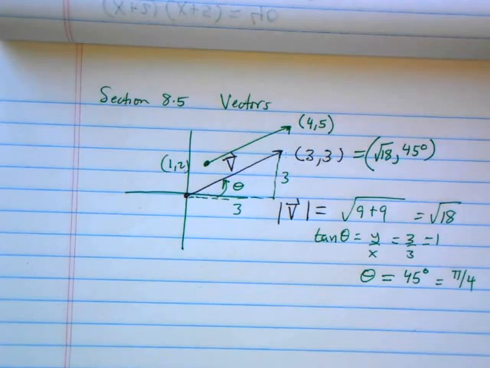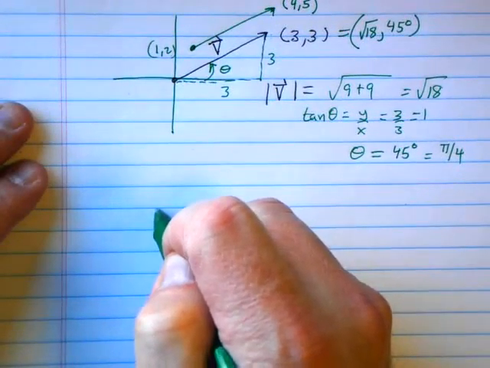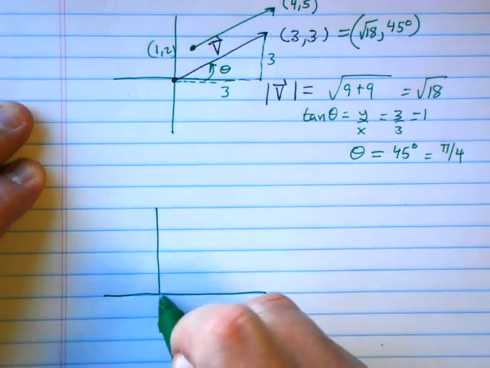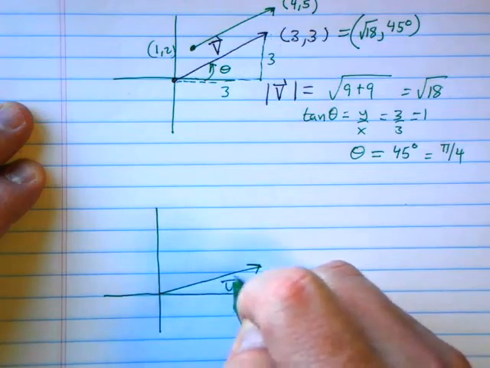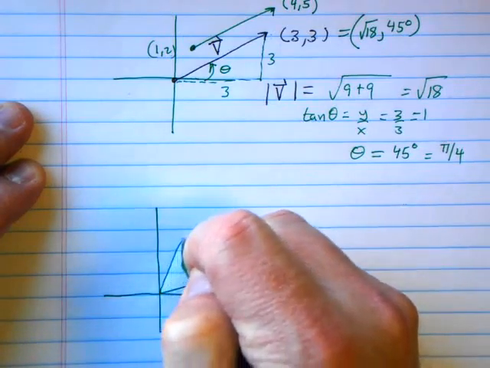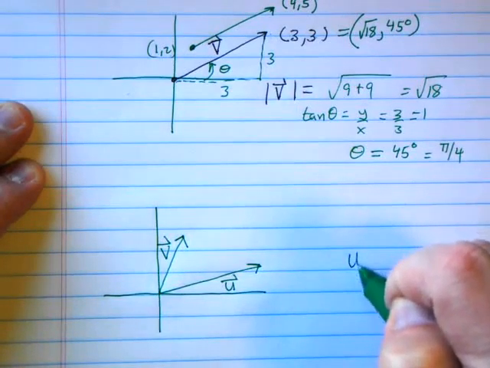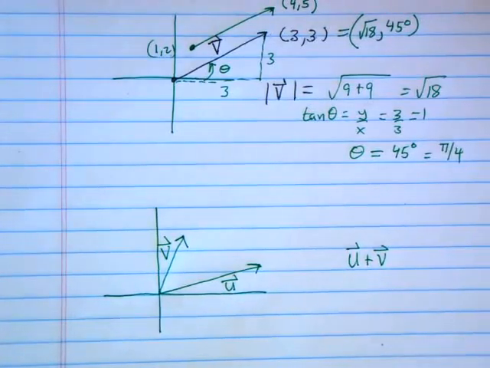All right, and then I think the next thing we started talking about just a little bit the other day is adding vectors. So if I had one vector like this, I'll call this the vector u, and another vector like that, call that the vector v. How do you add two vectors together?